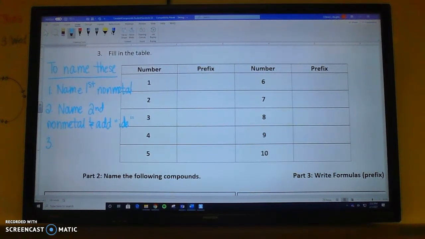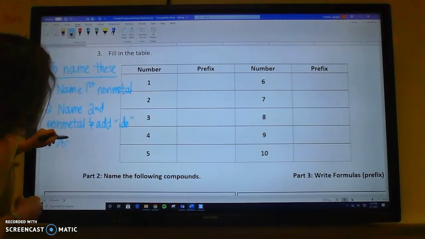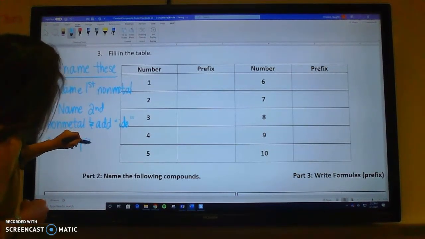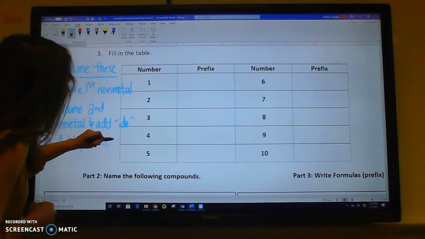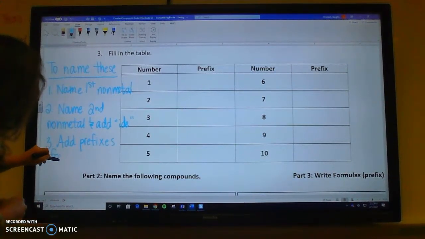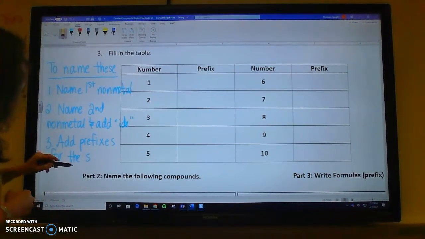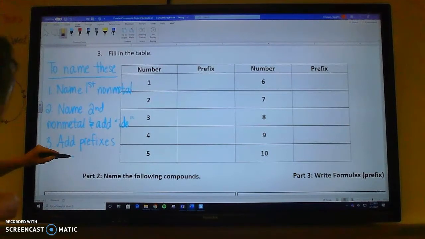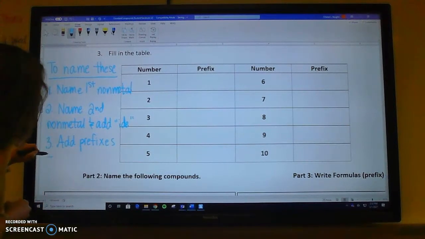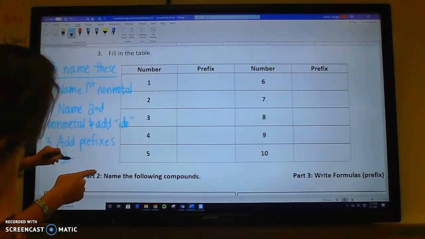When I say subscripts, I'm talking about if I was to write CO2, it's that 2 right there. That's what our subscript is. So we add prefixes to represent, or to show, the subscripts.